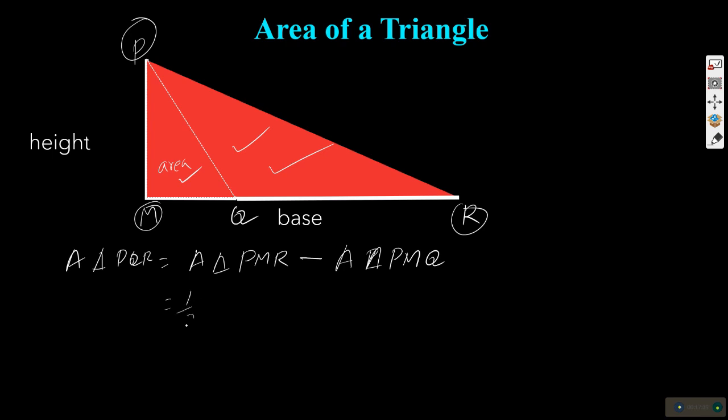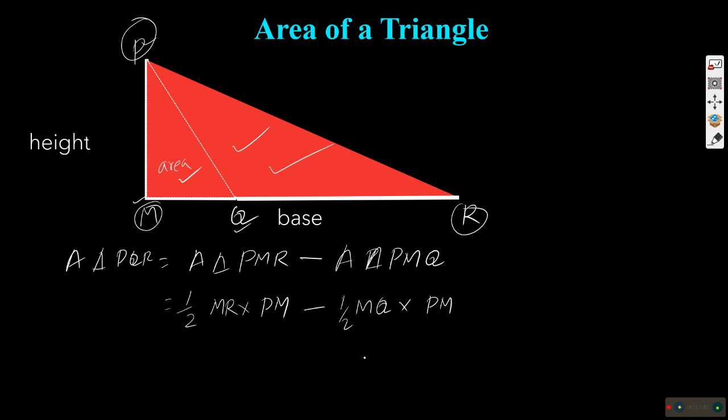So half of base in the case of PMR is nothing but MR, and height in this case is again PM. And in the case of PMQ, MQ is the base, half of MQ into the height over here, which is length of PM.